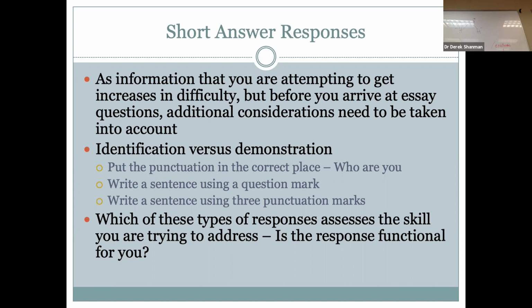It's not the case that students need to produce every single response. That is taxing on the student. That is a lot of information. Not all information is created equally, right? There's some information that I need you to analyze, and when you need to analyze it, I need you to produce it.